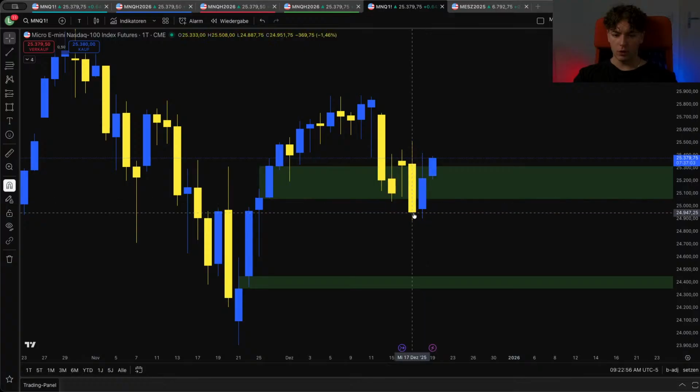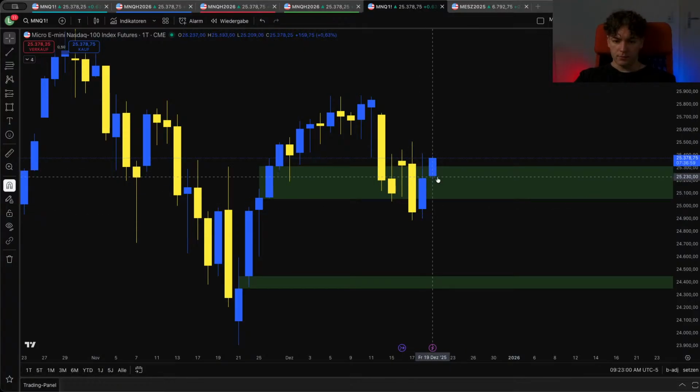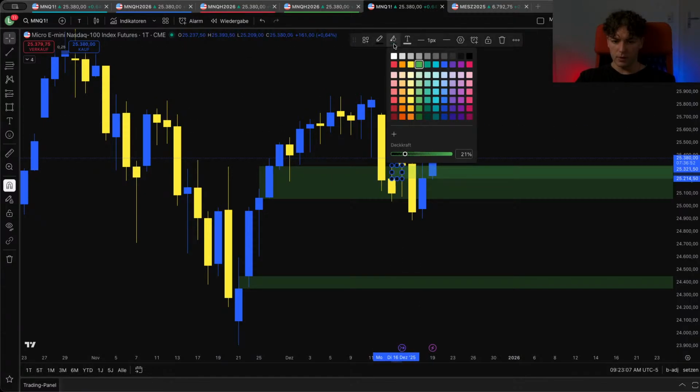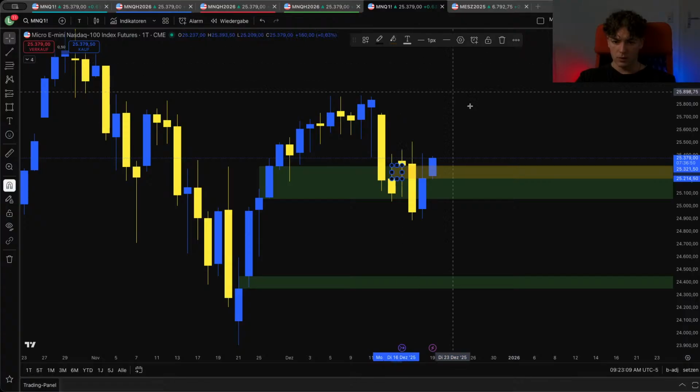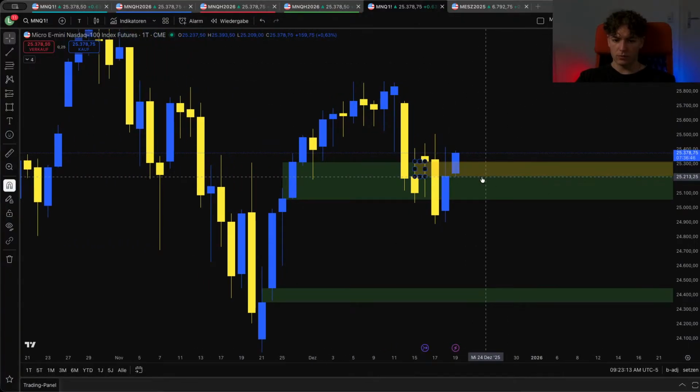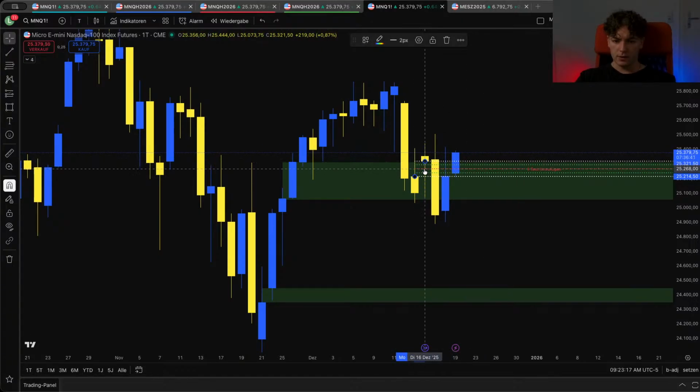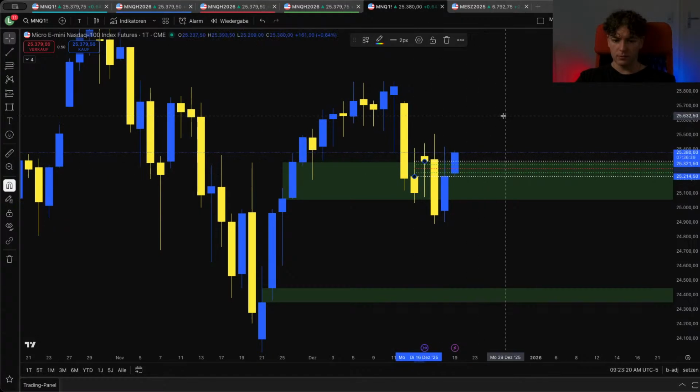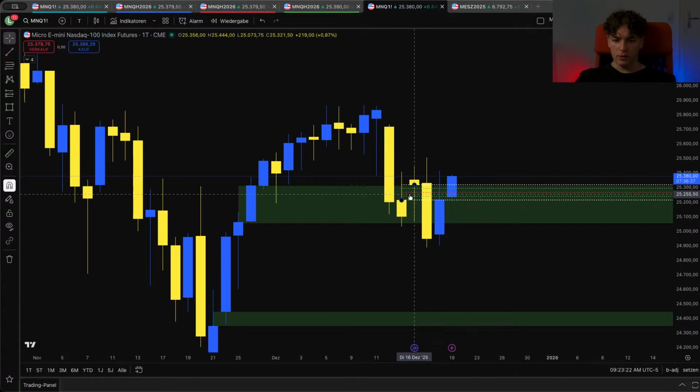So we close below it, and now it seems like we are trading up again into this daily volume imbalance. It gets kind of messy, but you definitely want to have the quadrant levels on this volume imbalance right here and keep an eye on it.